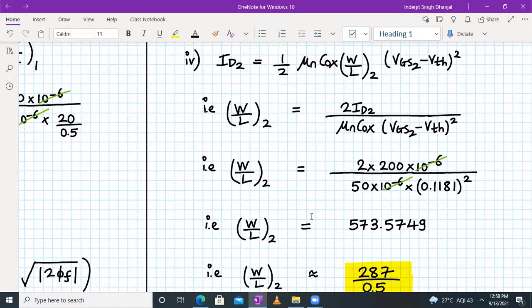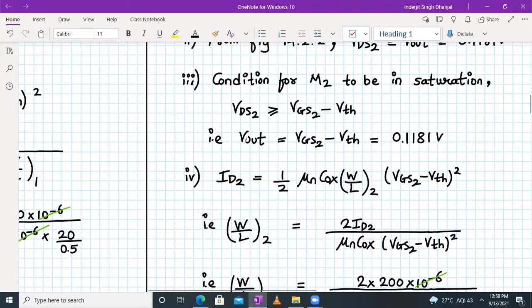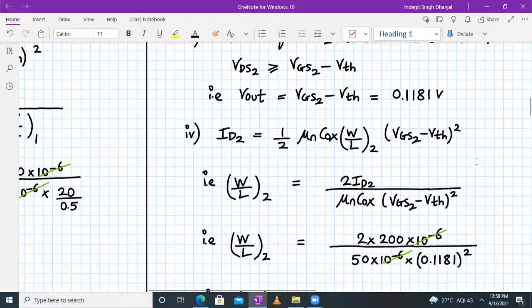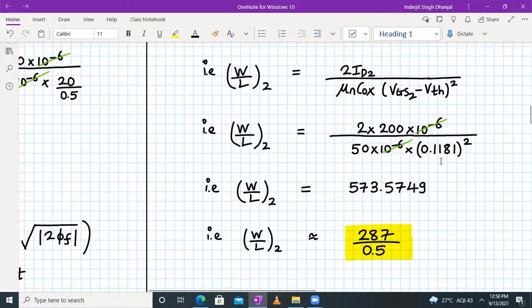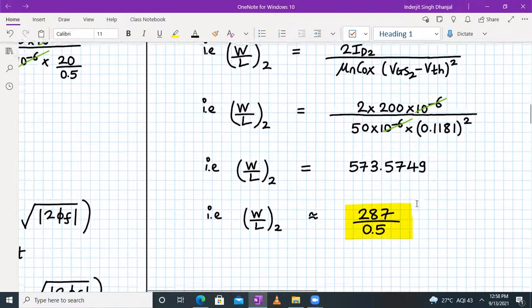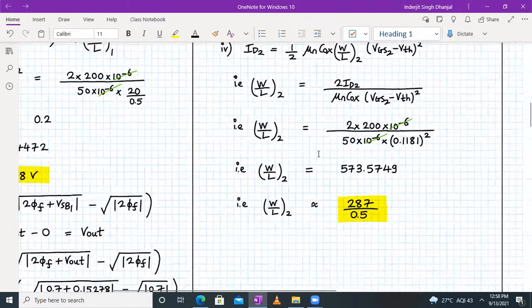VGS2 minus VTH, so from here we can see V out is equal to VGS2 minus VTH, which is 0.1181, which we evaluated from the last part. So all the values are available now. And finally, we get the value of W by L of 2 as 287 divided by 0.5, which is coming out to be approximately 574:1. Okay, so that's the value of W by L of the second transistor.